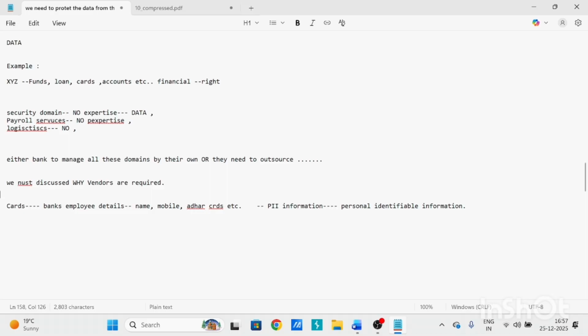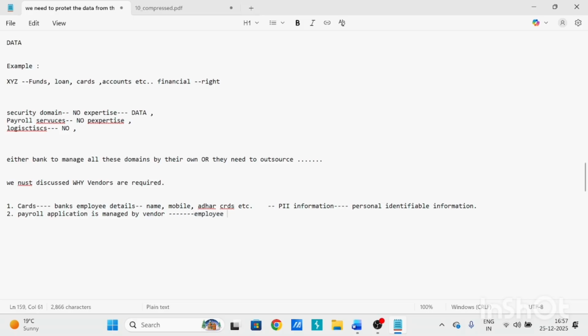I'm keeping this part aside for a moment, and let's take the second example, payroll services. To deliver payroll services, what data is required? I'm assuming here that the payroll application is managed by the vendor. So what data is hosted on this application?